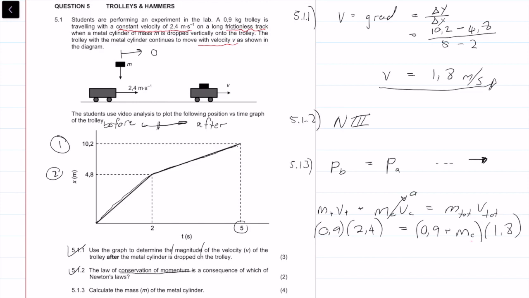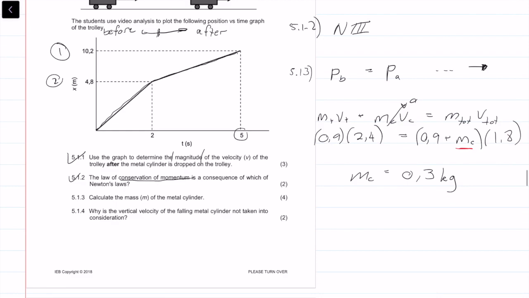If we look at this equation, the only unknown is the mass of the cylinder, and so we can calculate the mass of the cylinder is equal to 0.3 kilograms. Okay, and we get 4 marks for that.